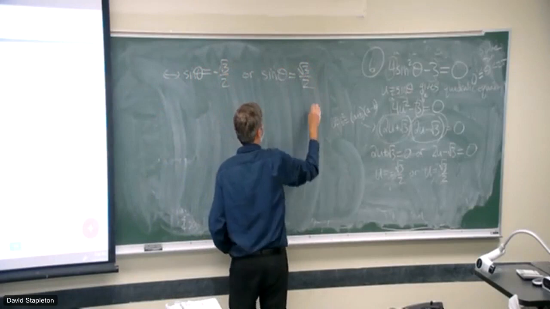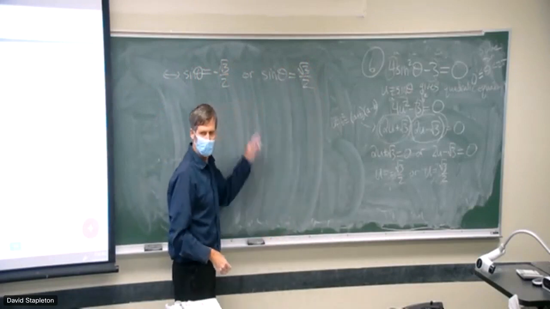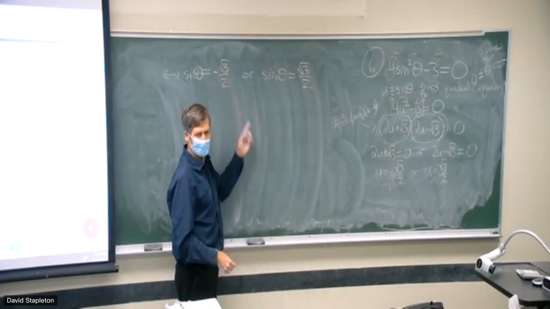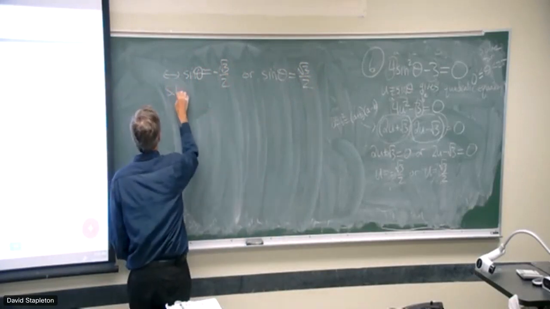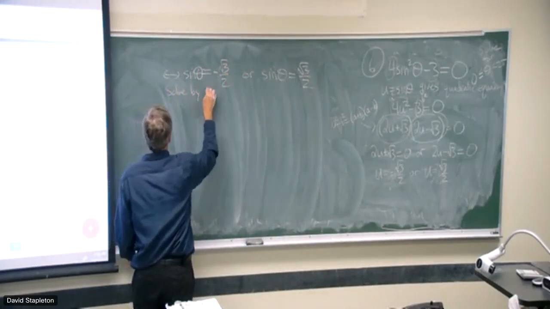See how that works? And now I have trig function equals a number, right? I go back to method 1. I can solve each of these. Solve by method 1 on the unit circle.